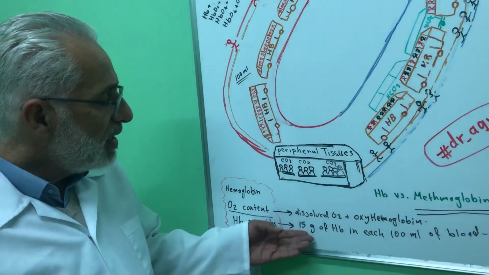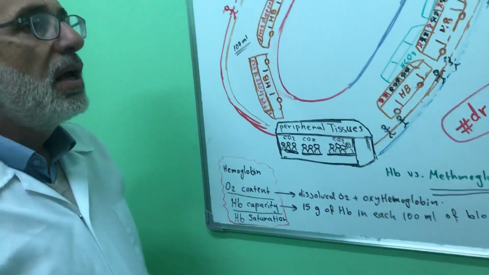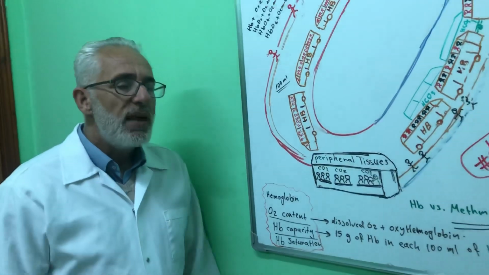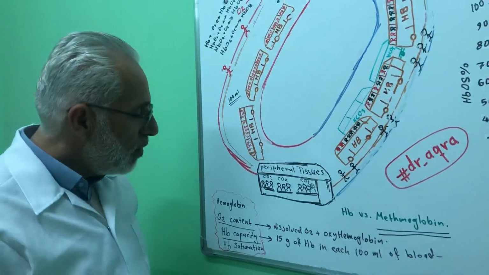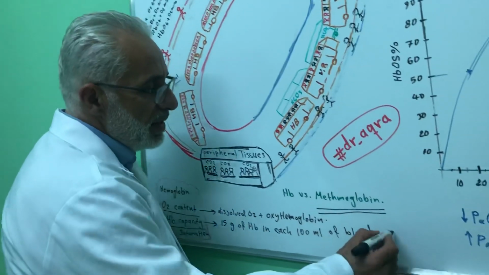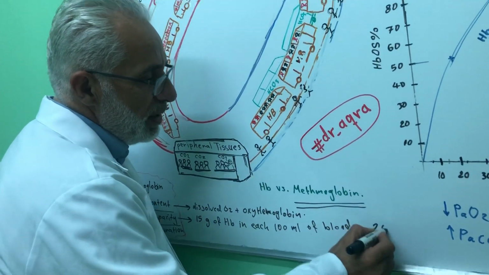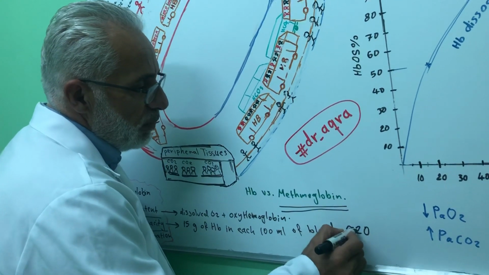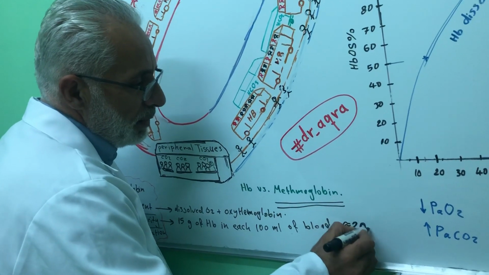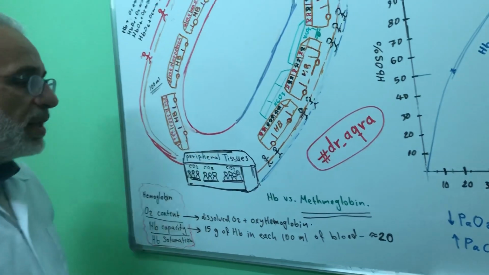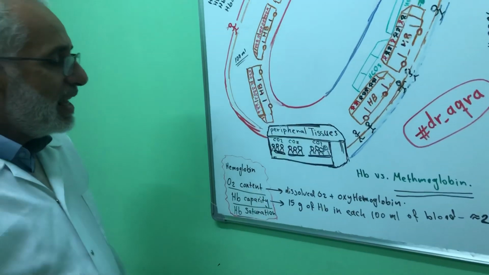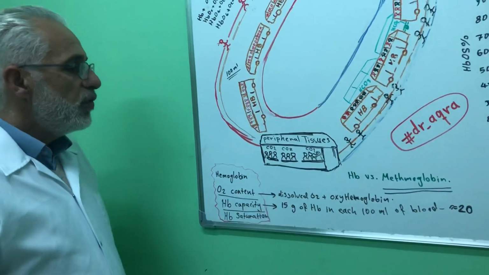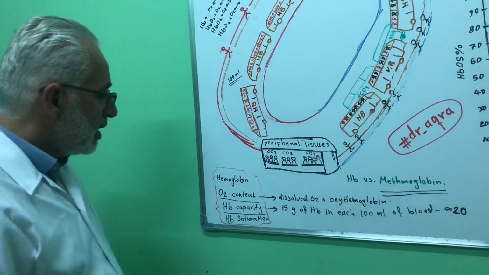By multiplying 15 grams of hemoglobin by 1.39 milliliters of oxygen, the carrying capacity will be around 20. So there are 20 milliliters of oxygen carried by the 15 grams of hemoglobin in each 100 milliliters of blood.